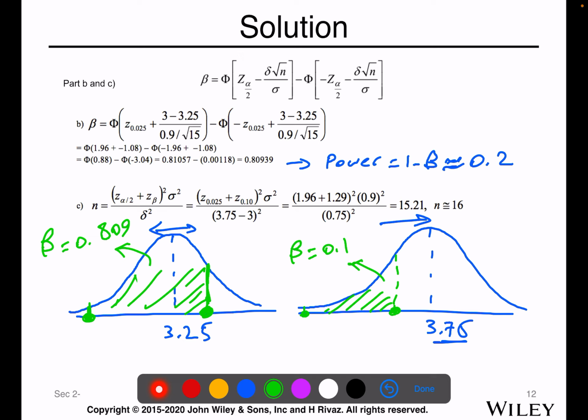In both cases these two numbers come from H0, both around 3, and the middle of these two is 3. So we basically moved the normal distribution to the right, but the range didn't change, it's the same range. Because of that, the area under the curve substantially decreased from 81% to 10%.